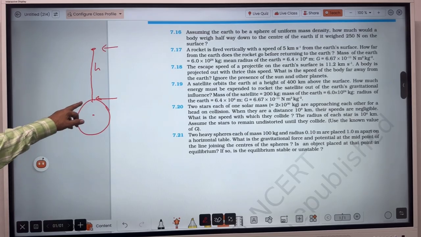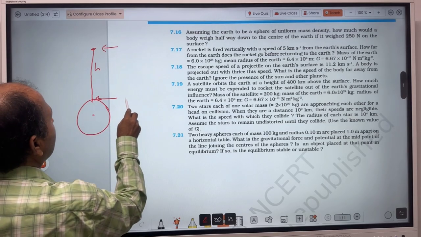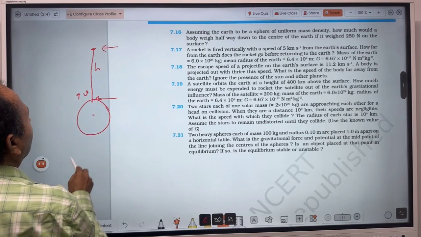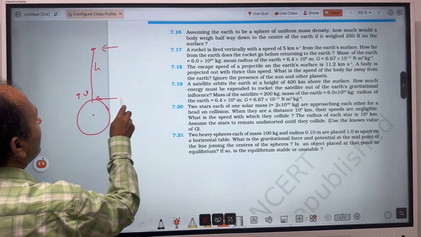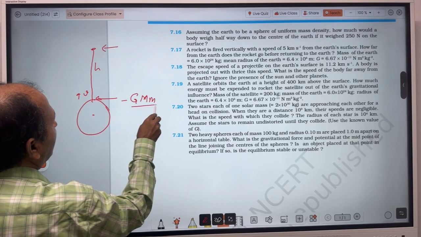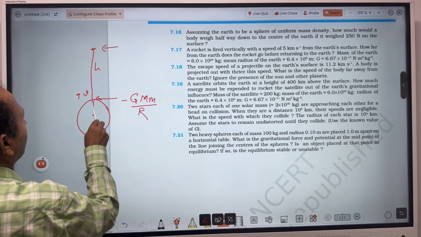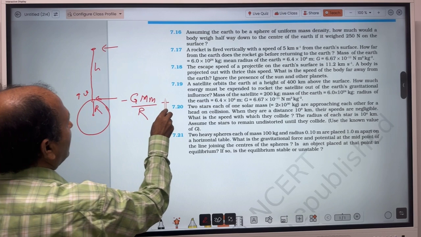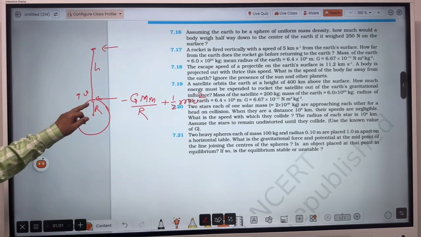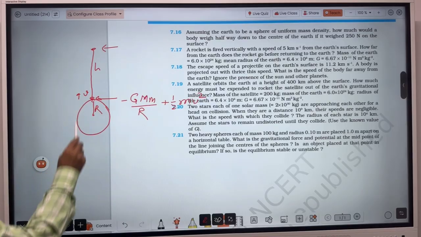So what is the potential energy here? Total energy at this point will be potential energy plus kinetic energy, since velocity is given. You can write it as minus GMm divided by radius of Earth, plus half mv square. This is the energy at this point.